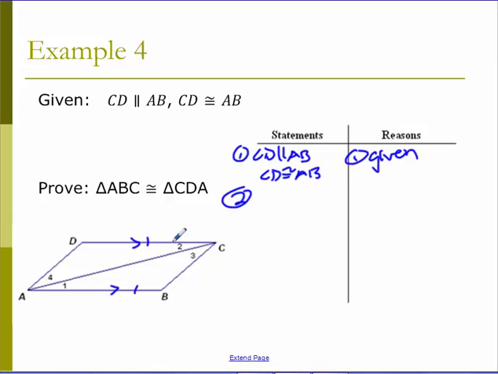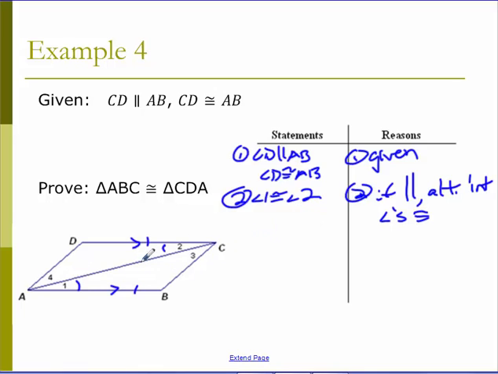Step 2, let's go ahead and use our parallel lines as a property. Because the top and bottom are parallel, I can say that angle 2 and 1 are congruent because they're alternate interior angles. Step 2, if parallel, alternate interior angles are congruent.